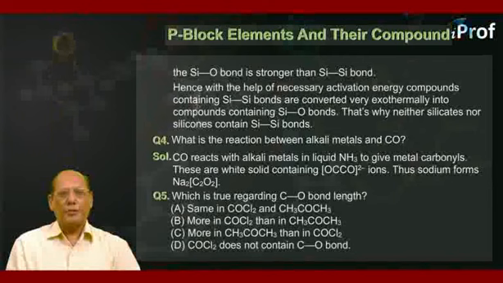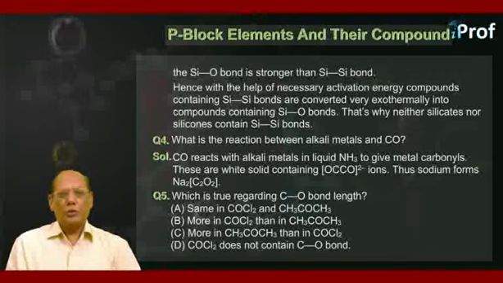Question number 5 is an objective question. The question is, which is true regarding carbon-oxygen bond length? The options are A. Same in COCl2 and acetone. B. More in COCl2 than in acetone. C. More in acetone than in COCl2.